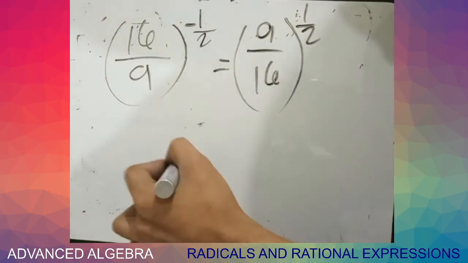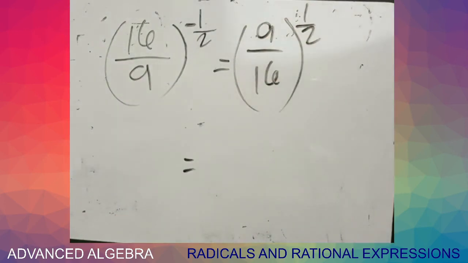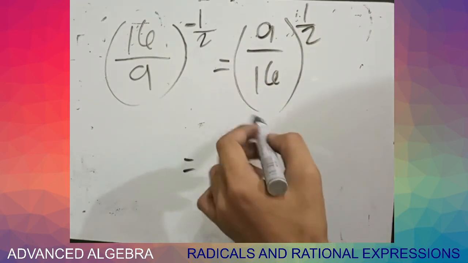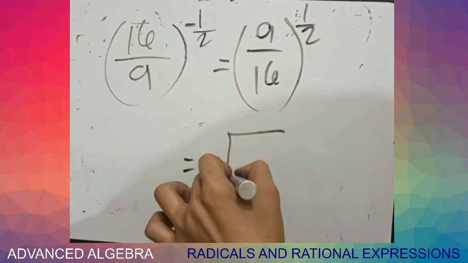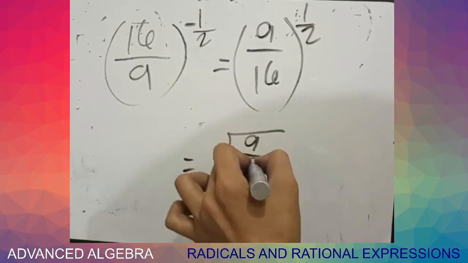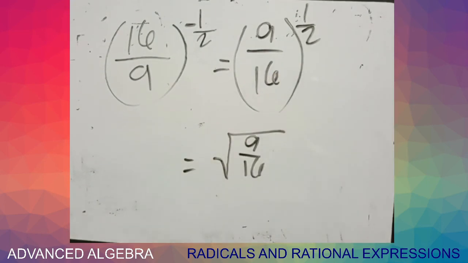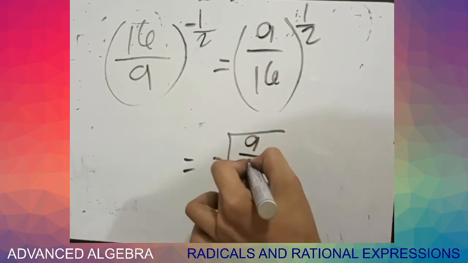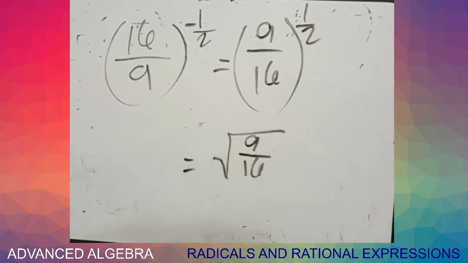Okay. So, ano kaya possible na gawin natin? Pwede natin gawin dyan, i-transfer natin siya as radicals or radical expression. So, magiging the square root of 9 over 16. Okay. So, next. Okay.